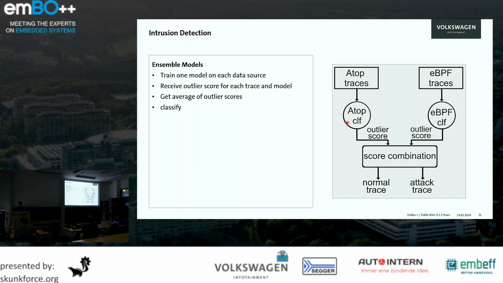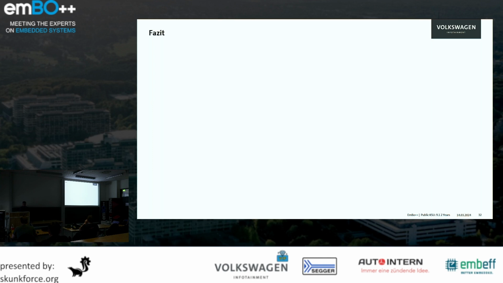That's why we used machine learning and data-driven techniques, which give you a likeliness score and say this is most probably an attack, or this is most probably normal. Then we do this for each trace group, combine it, and have a final decision. So that's the using part of the Yocto target.